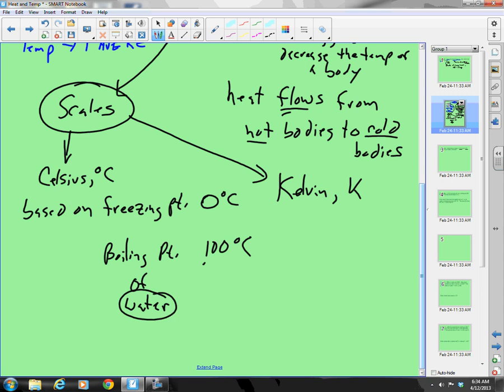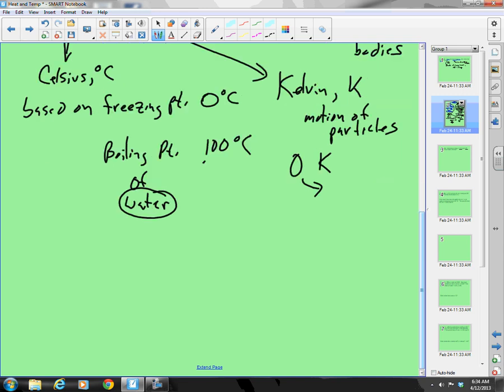Kelvin, on the other hand, is based on the motion of particles. And what do I mean by that? Well, when I have 0 Kelvin, particles cease motion. They no longer have velocity.